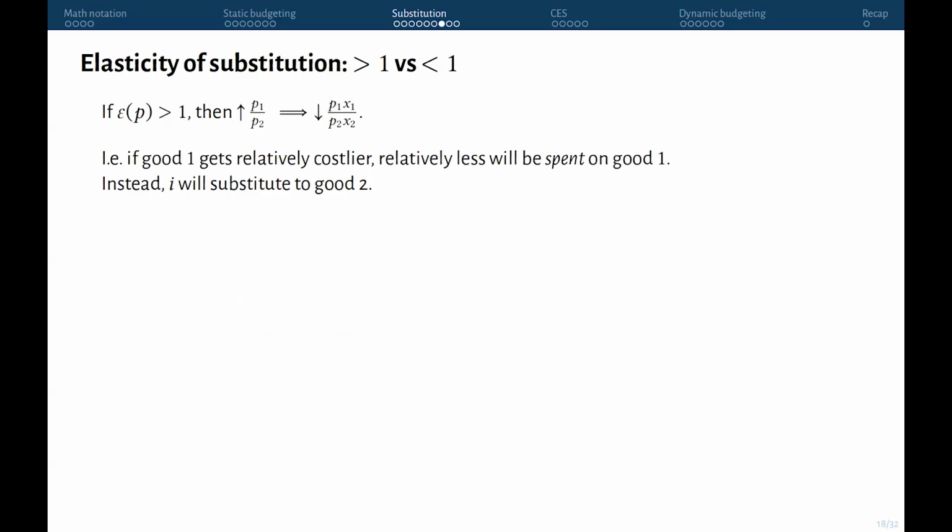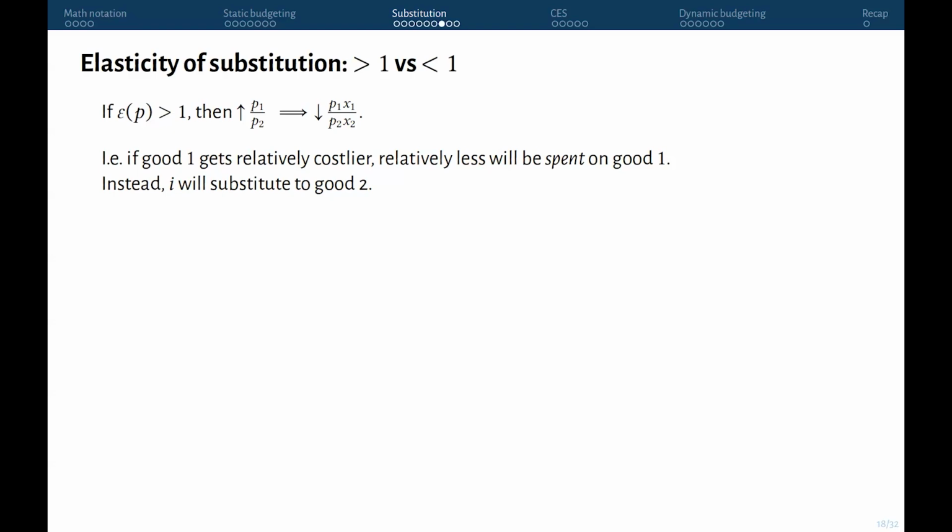An important threshold that we'll run into over and over again is whether the elasticity of substitution is greater or less than 1. If it's greater than 1 around some price vector, think about the logic here. If P1 over P2 goes up, X1 over X2 is going to go down usually, right?